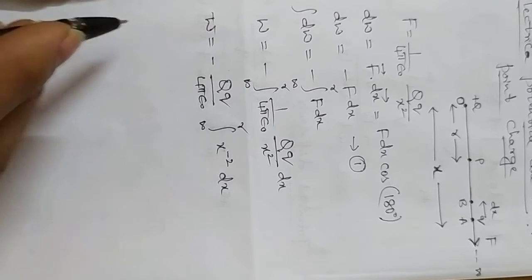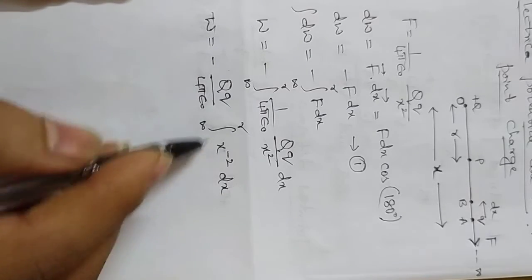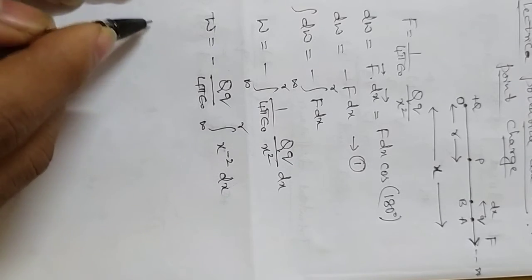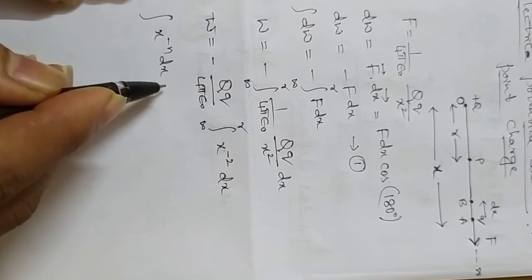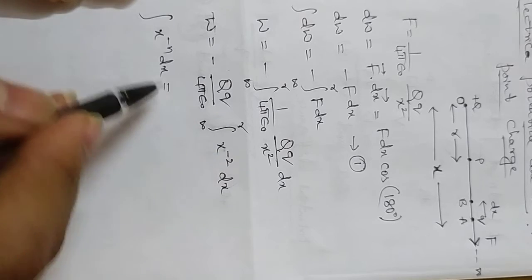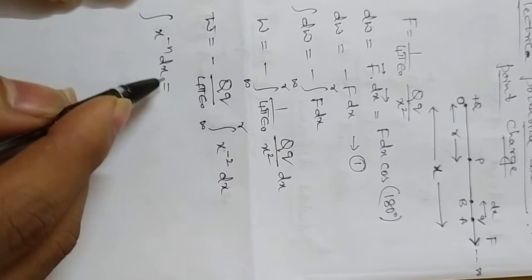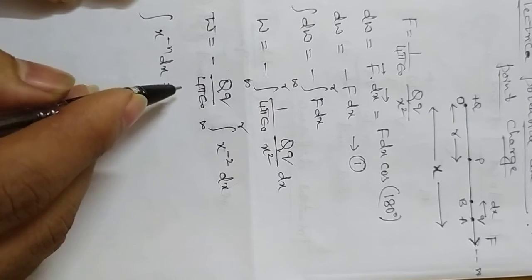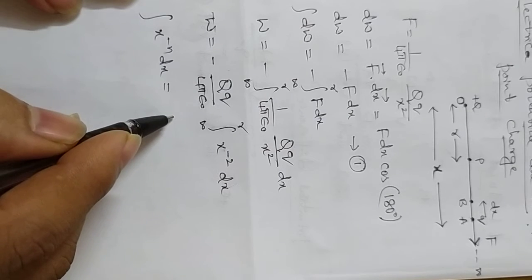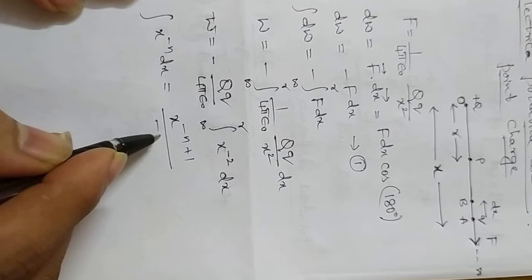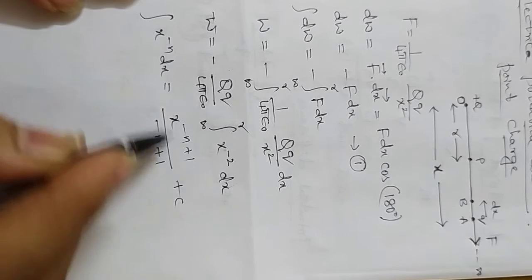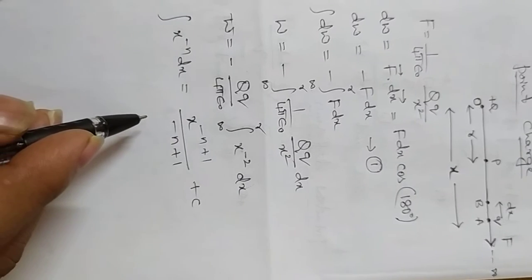Okay, so now this is in the form of what? This is in the form of x to the power minus n dx. So x to the power of minus 2 is in the form of x to the power of minus n. So integration of x to the power of minus n dx is equal to x to the power of minus n plus 1 divided by minus n plus 1, plus c.